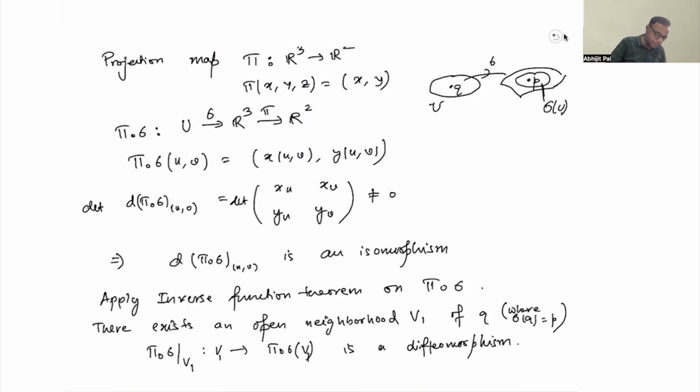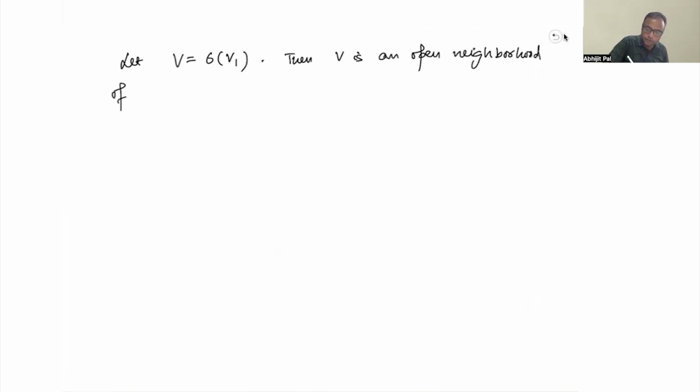So this is a diffeomorphism, and let us take B to be equal to sigma of B1. Then B is an open neighborhood of P because we have taken sigma to be a homeomorphism.